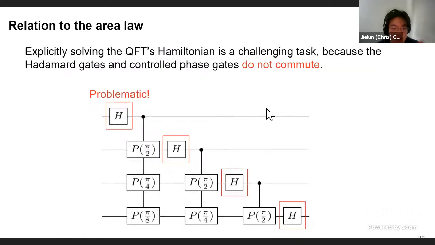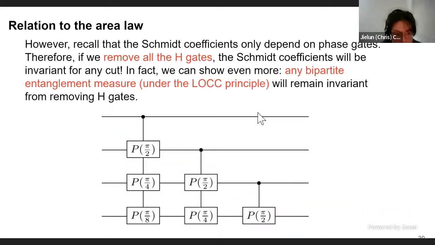It turns out explicitly solving the QFT's Hamiltonian is a very challenging task, because Hadamard gates and controlled phase gates do not commute with each other. However, recall from our previous analysis that the Schmidt coefficients only depend on the phase gates.